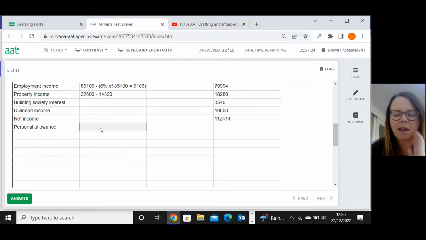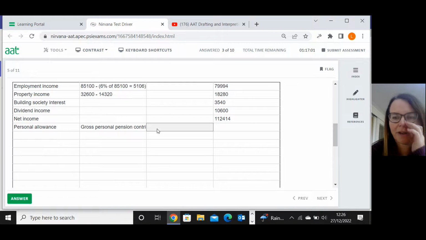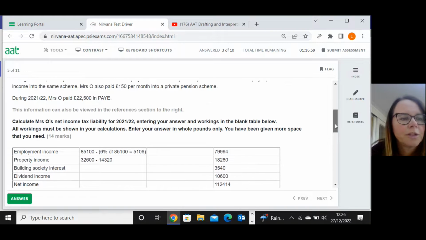I would start by working out my adjusted net income. Actually, before that, I think I will work out what my gross personal pension contributions are.